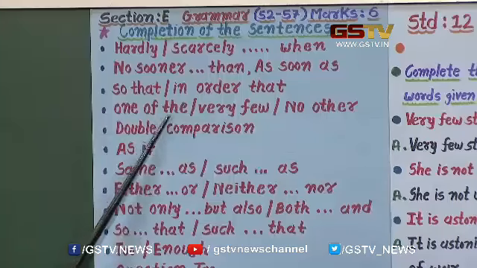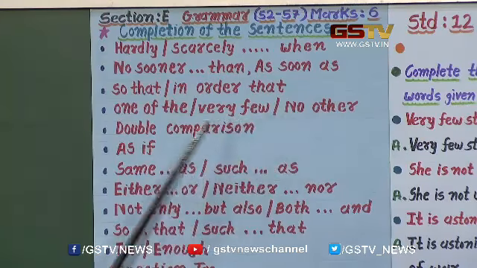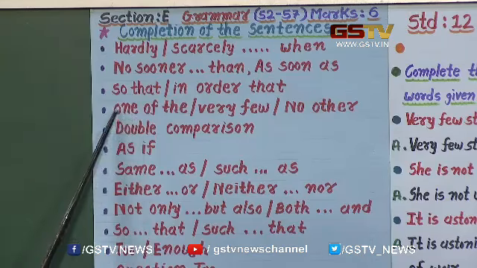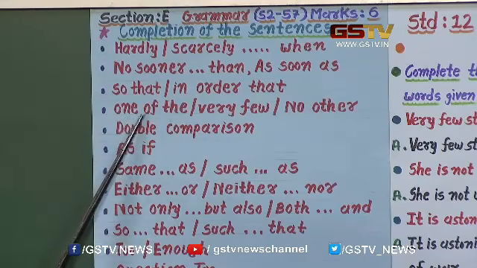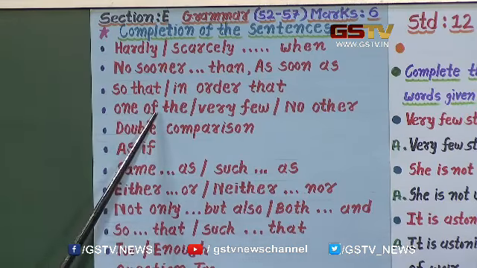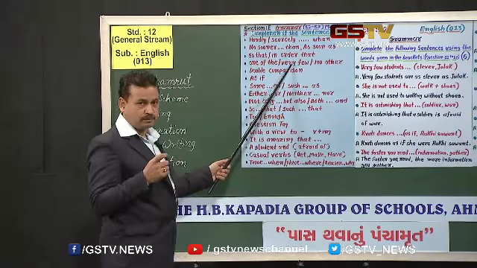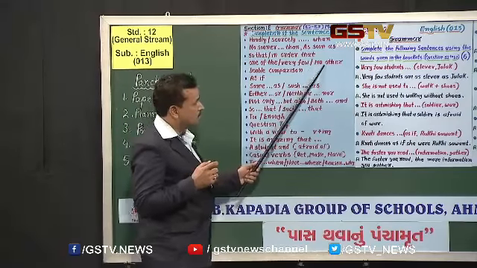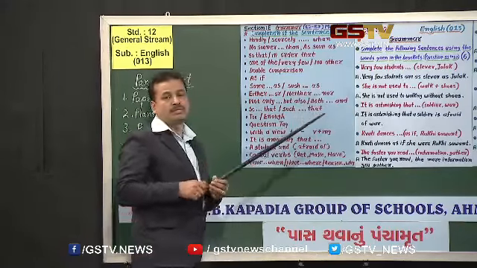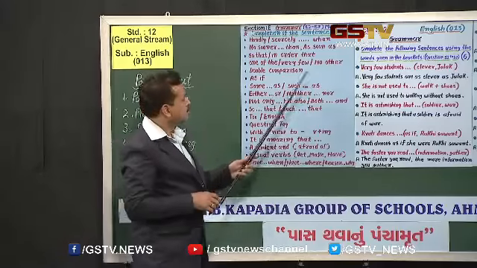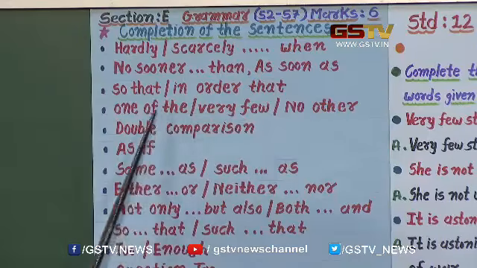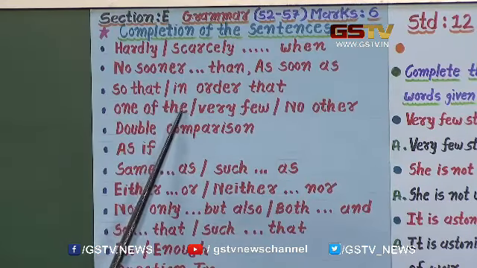Next one is one of the, very few, no other, you might be recognizing it, it is of degree. One of the, superlative, plural form. Very few, positive, plural form. No other city is so big as Ahmedabad in Gujarat, positive singular form. Degree is also asked repeatedly, so prepare it well.